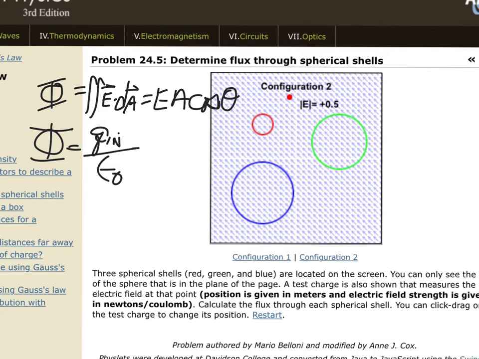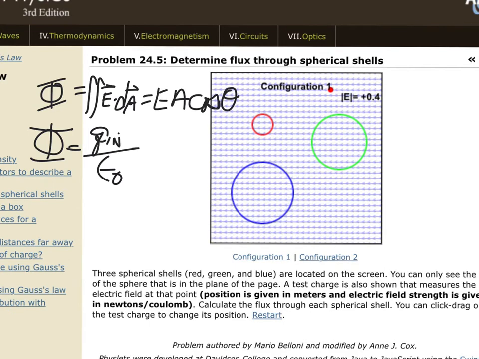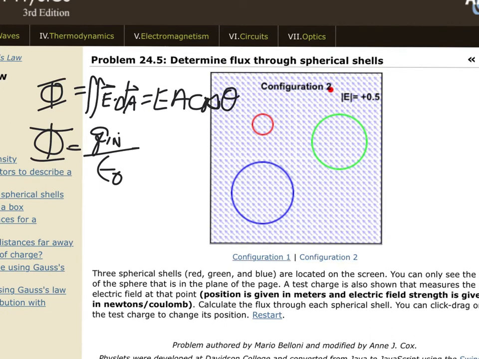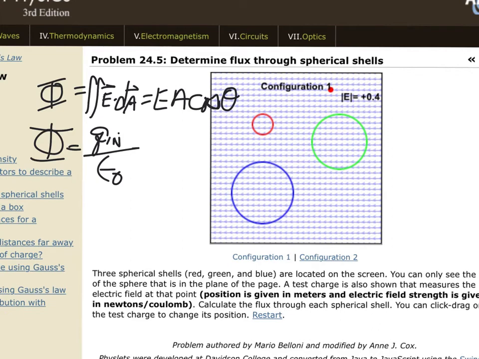So how are we going to do this one? Actually, there's two, right? There were two configurations. Same shapes, but different field. All right, so if we take our field detector and we drag it around, what do we find out?